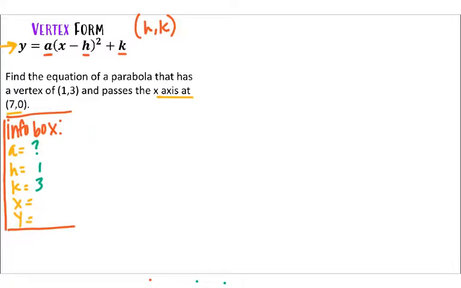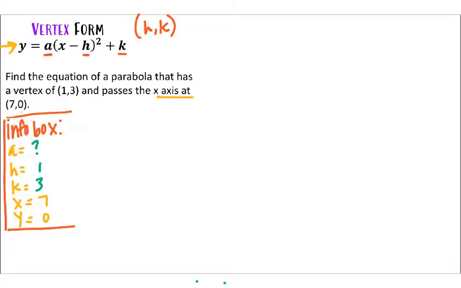Looking at the point that they give us, if something crosses the x-axis at 7, that means the x value is 7 and the y value is 0. And this comes strictly from right there, 7 in the x and 0 in the y. All right, so I have done nothing fancy but simply take the information that they gave me and organize it into an information box.